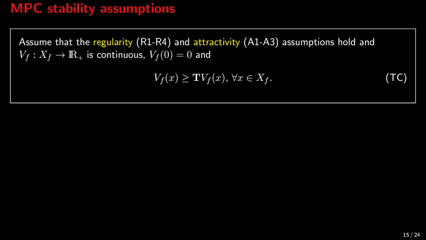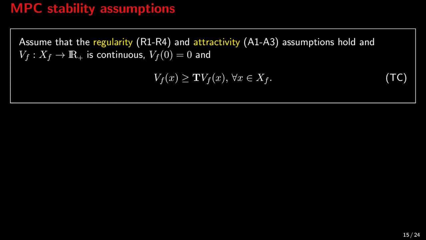The stability assumptions we use in MPC are the following. First of all, the regularity assumptions, R1 to R4. Second, we have the attractivity assumptions we have stated previously. I will show the attractivity assumptions in the next slide. So A1 to A3 must be satisfied, and there is one more requirement: that Vf, the terminal cost function, which is a function from Xf to R plus, so this notation implies that Vf is non-negative valued, it gives non-negative real numbers.